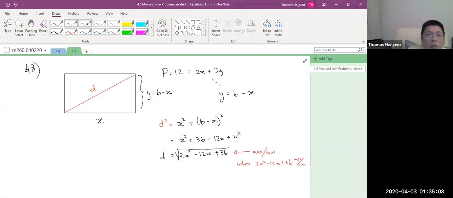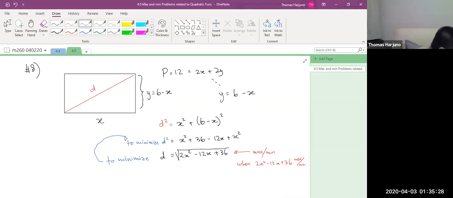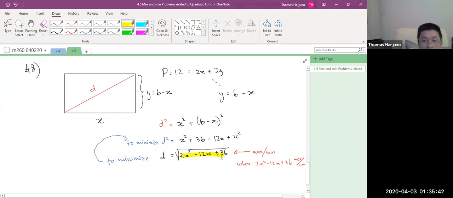So in other words, to minimize this D is the same as to minimize D squared. So instead of dealing with D with the square root, we just deal with the radicand, the guy inside the house.